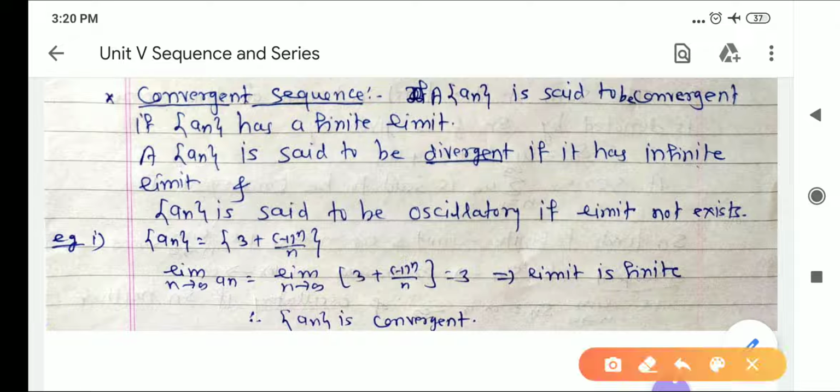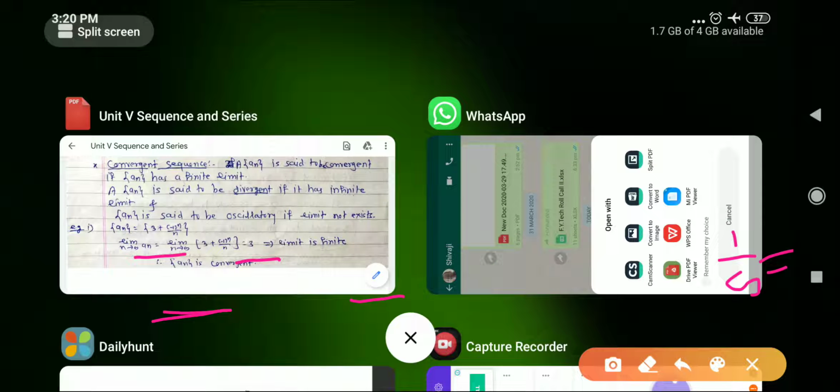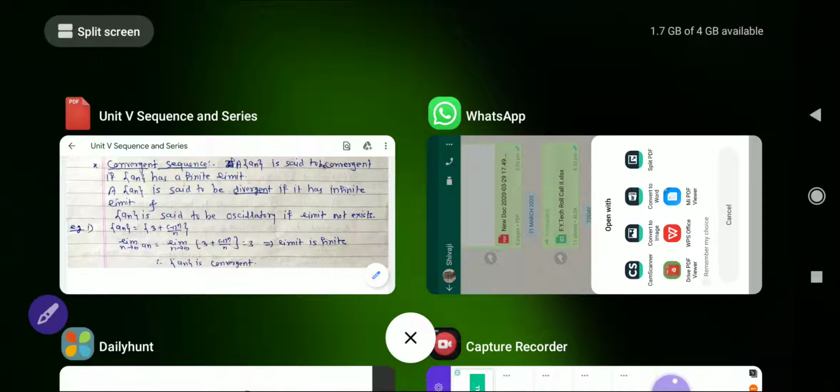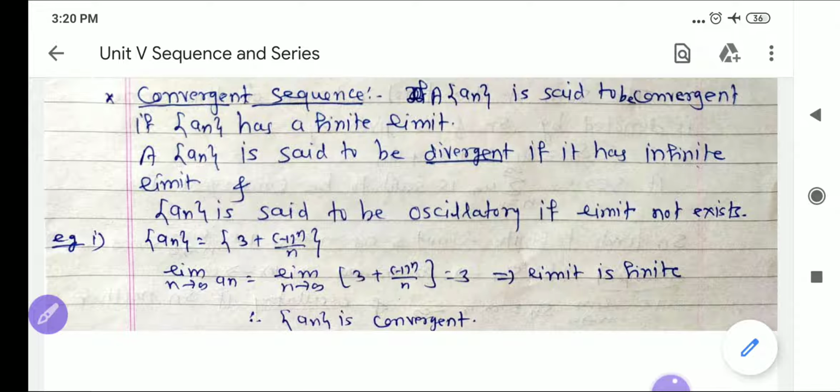Now by example, suppose we take the first example here, sequence an is equal to 3 plus minus 1 raised to n upon n, and as n tends to infinity, we find the limit of an, that is limit n tends to infinity of 3 plus minus 1 raised to n upon n. Here if you put n equal to infinity, the numerator has two values but the denominator is infinity, and we know that 1 upon infinity is 0, so its limit is 3.